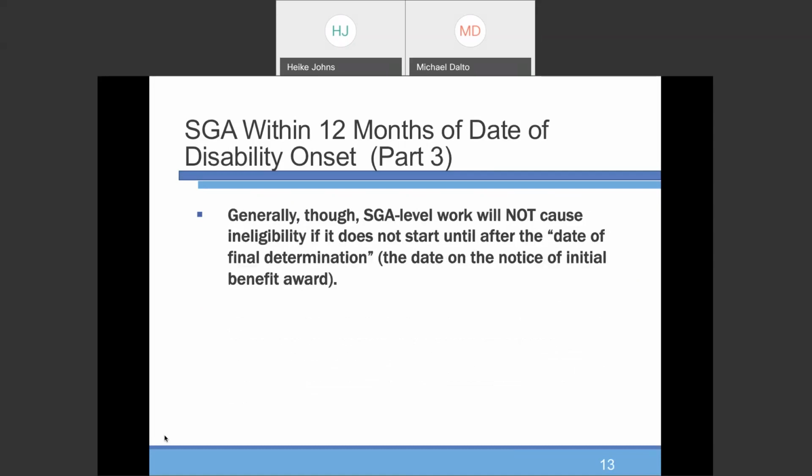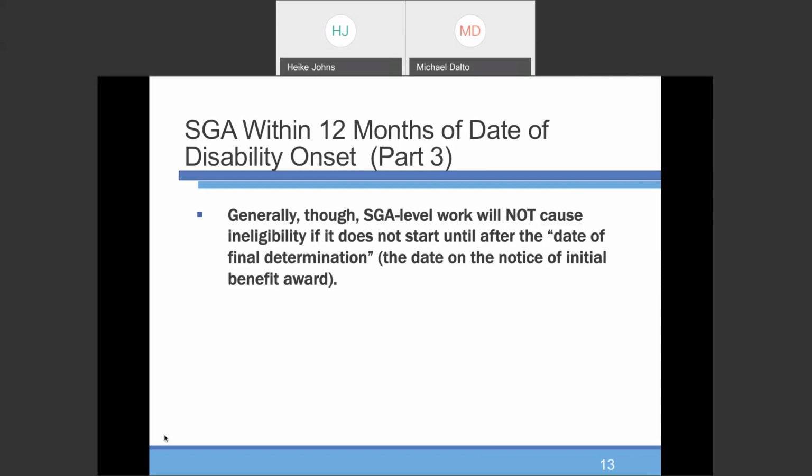However, if a person did SGA within 12 months after their onset date, but they didn't start doing SGA until after the date of final determination, the date on the letter that they got showing they were approved for benefits, either Social Security disability or SSI, this would not be a problem, even if it was within 12 months after the onset date.